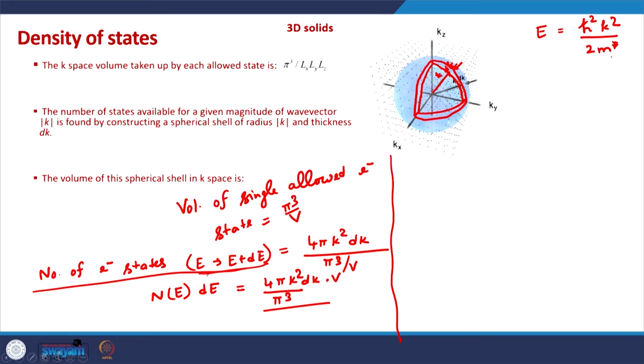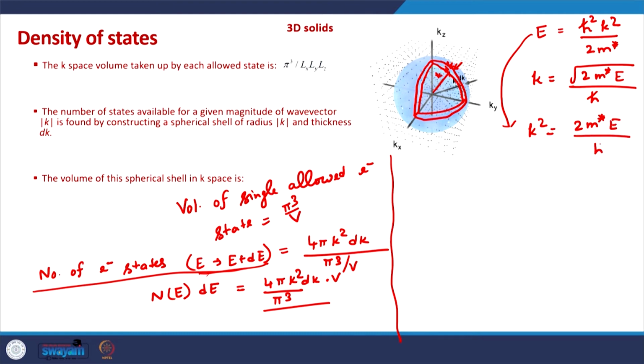In this case, k is the square root of 2 m star E divided by h bar, just by rearranging the terms. From here, k square is 2 m star E divided by h bar square, and if we take a derivative of this, it becomes 2k dk equals 2 m star dE divided by h bar square. The 2 and 2 go away.